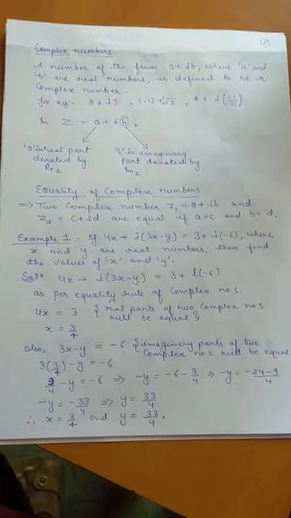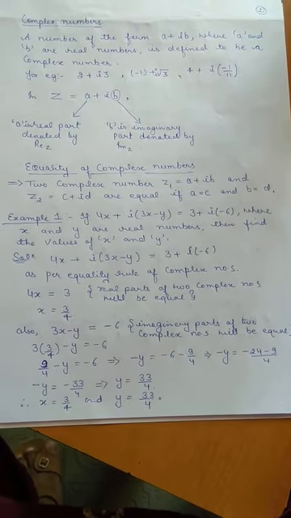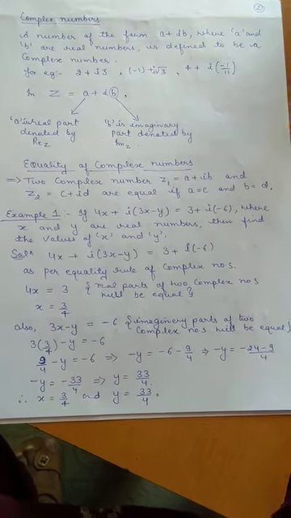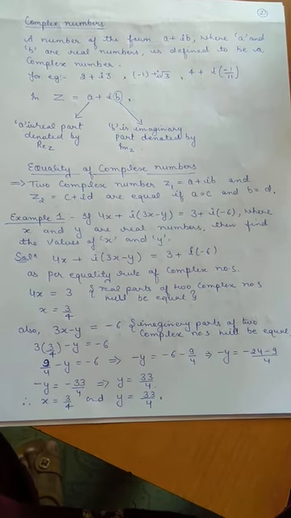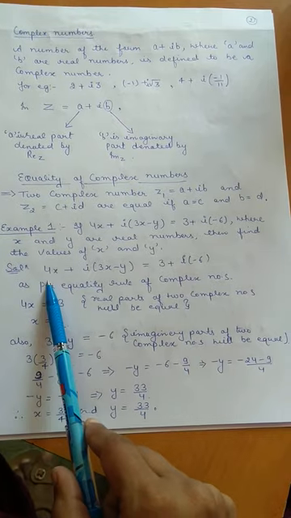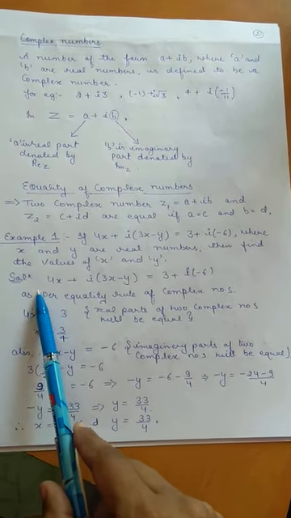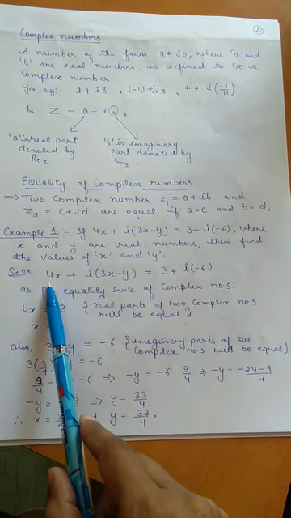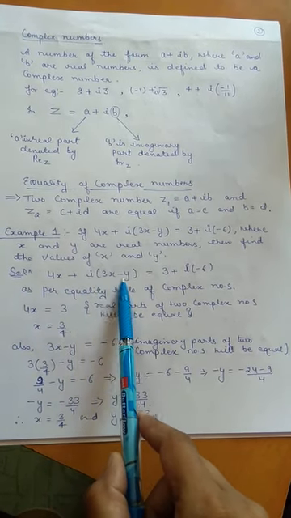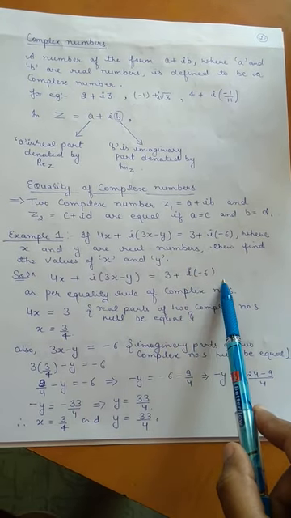This is the first type of question we are discussing in this chapter, that is, finding the value of unknown variables when two complex numbers are given equal. Now how will we start the solution? 4x plus iota into 3x minus y is equal to 3 plus iota into minus 6.